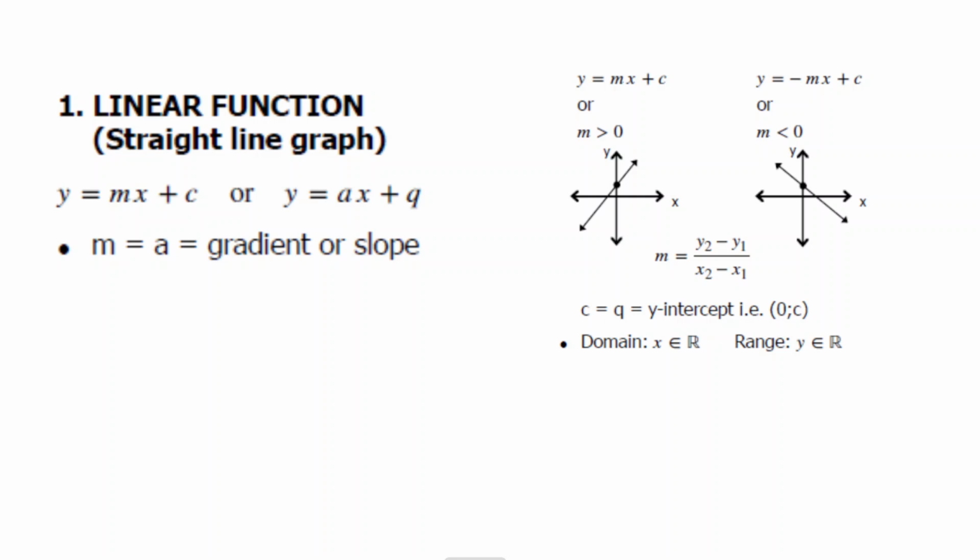So let's quickly look now at the linear function. The linear function has this formula: y = mx + c, or sometimes they put it as y = ax + q. This is the function of the straight line graph.